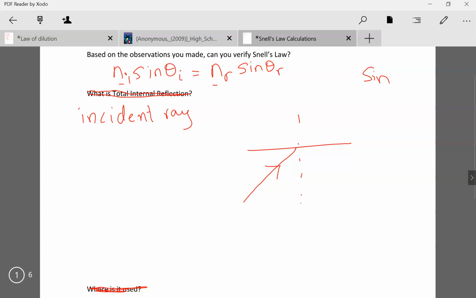It's the ray that's coming in and hitting that. So it's pretty much the same definition as the incident ray we've defined before, so I'm not going to write all that out. I'm just going to say the ray of light that strikes the interface between two media.